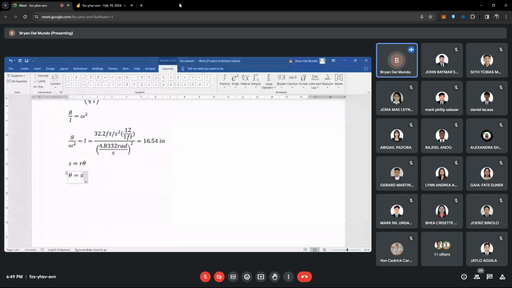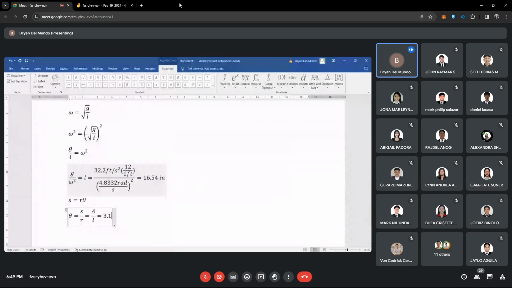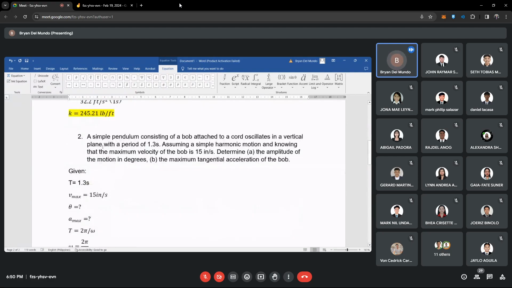So the value of our amplitude is 3.1035 inch over 16.5412 inch. And then, so ang hinahanap natin dyan ay, so ang sabi is determine the amplitude of the motion in degrees.